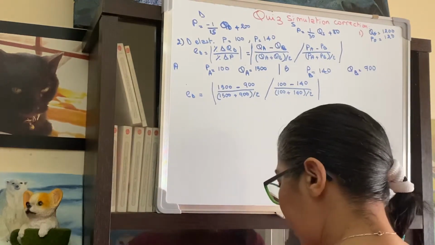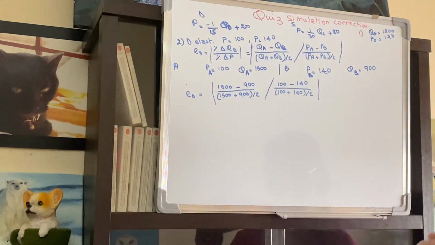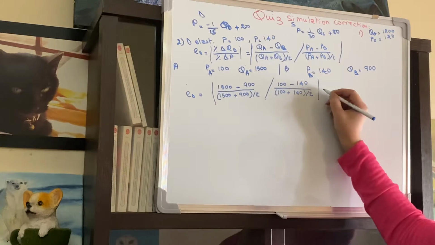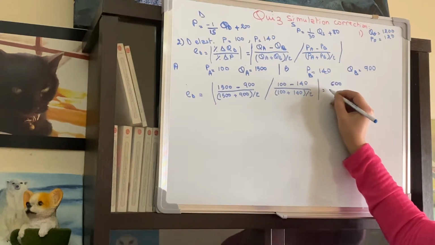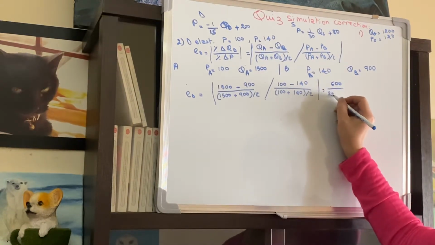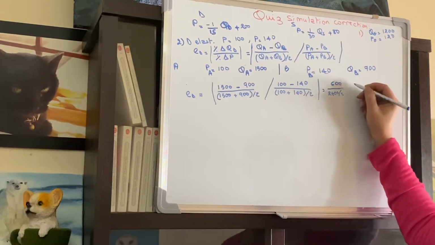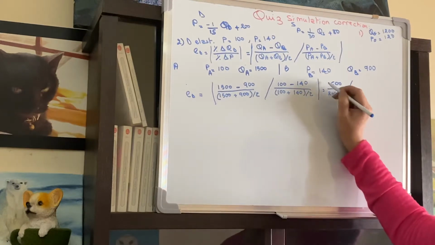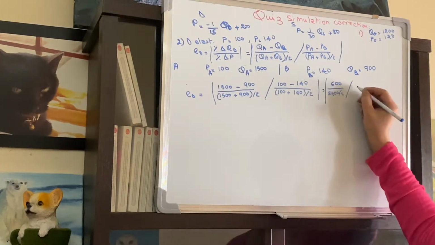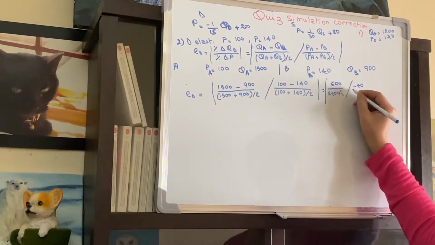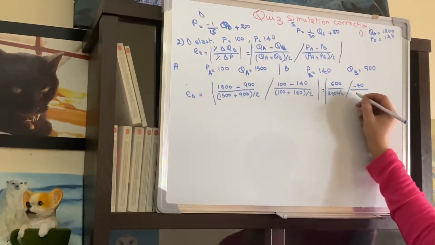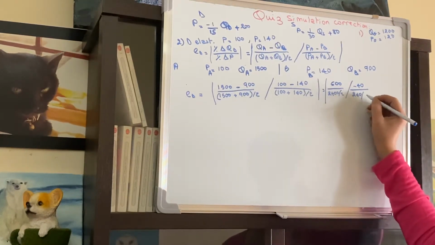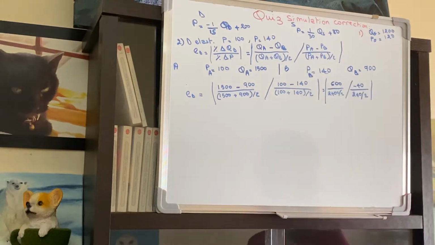So I have them over here. I did everything. Yeah, I did my exercise. So where am I? Question 2. Okay, so here it's going to give me 600 over 2,400 over 2. Everything over minus, I'm going to put the absolute value, minus 40 over 240 over 2. Okay?